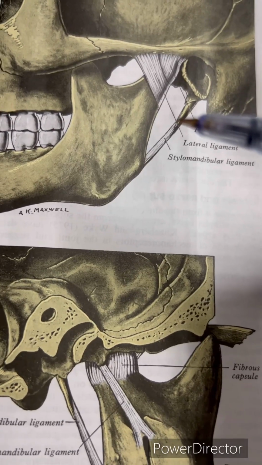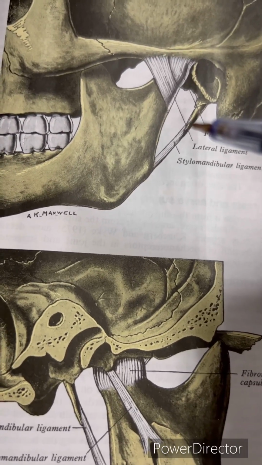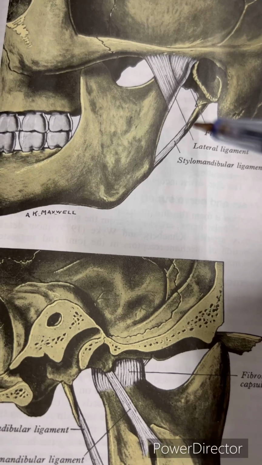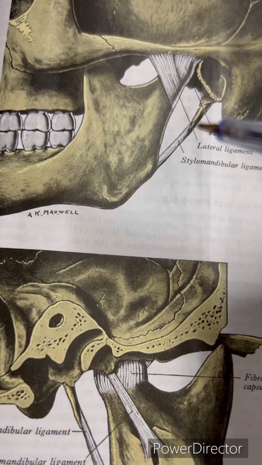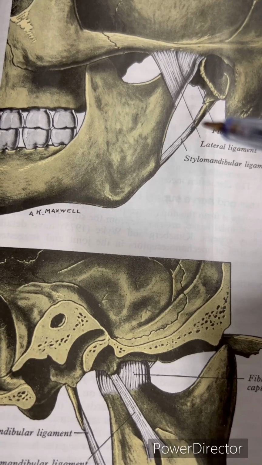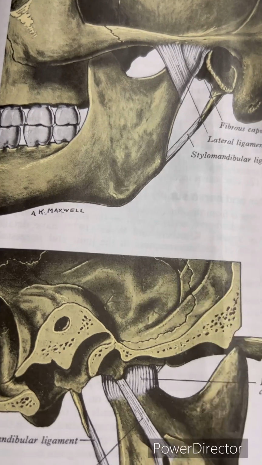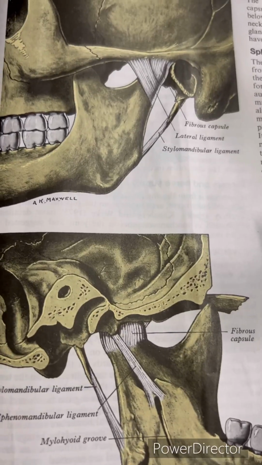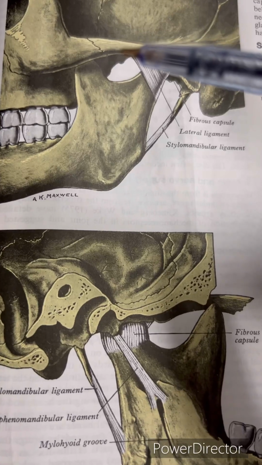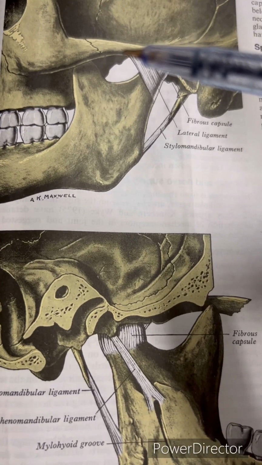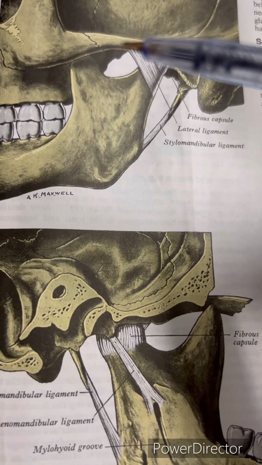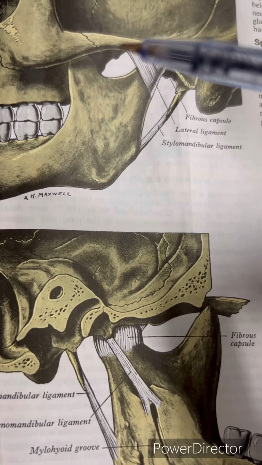Coming to the nerve supply, the temporomandibular joint is supplied by the auriculotemporal nerve and masseteric nerve, which are branches of the mandibular division of the trigeminal or fifth cranial nerve. The blood supply of the temporomandibular joint is primarily by the branches of the external carotid artery, predominantly the superficial temporal branch.